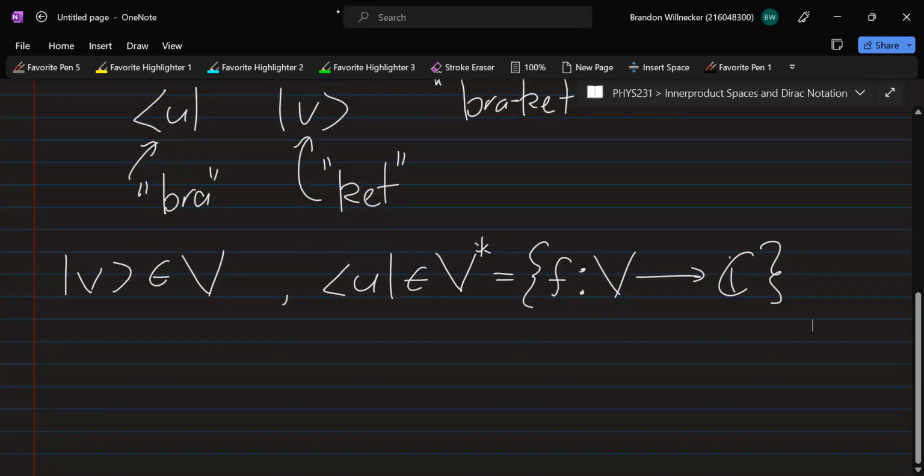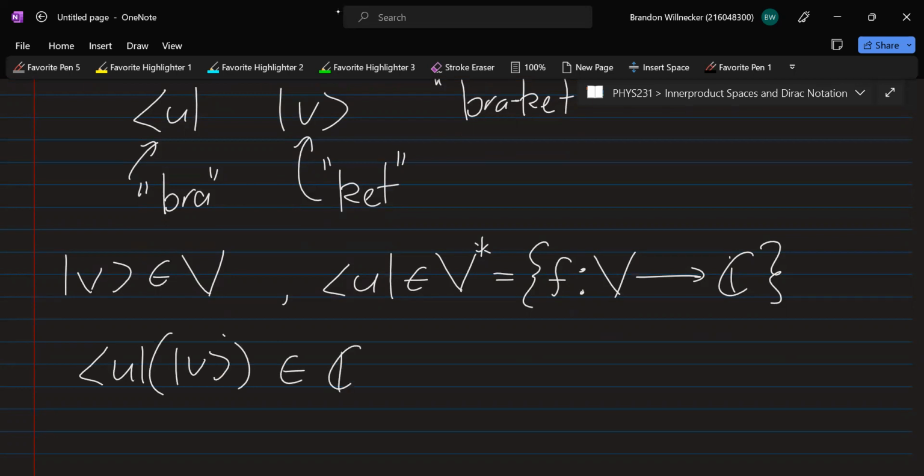So we could have written u as a function that eats a vector v, and then this becomes a complex number. It behaves the same way as an inner product. The u and the v, we inner product them, and they become a complex number. But here, the u we treat as a function which eats the v and produces a complex number.